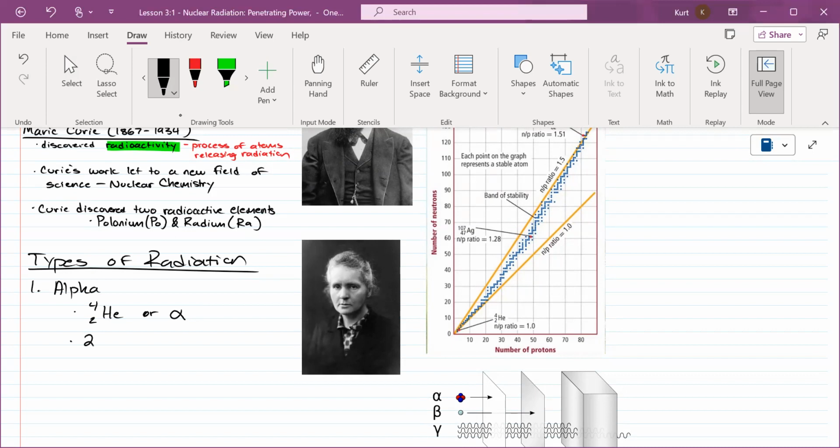It is made up of 2 protons and 2 neutrons. It has a positive 2 charge and is minimally penetrative.